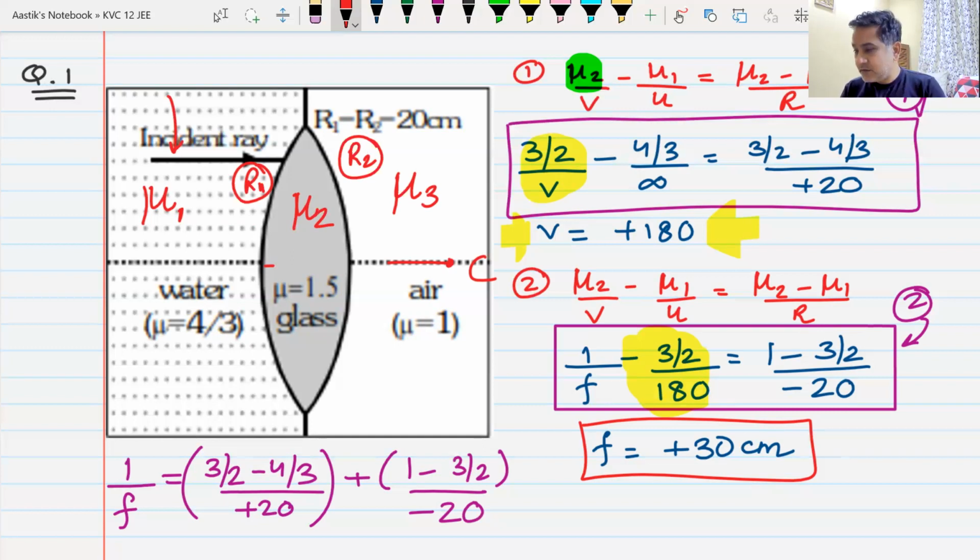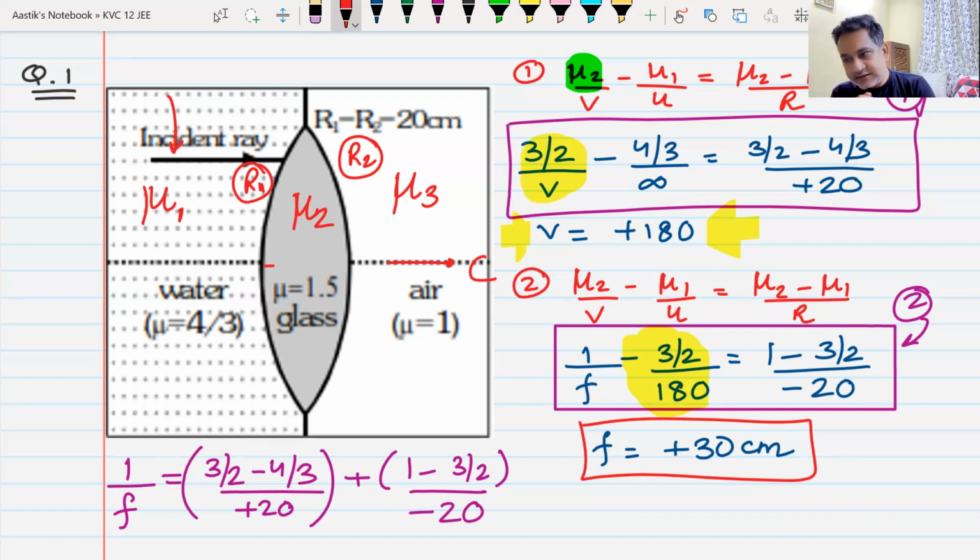Can you now tell me the formula that you can create? With mu1, mu2, mu3, r1, r2: (mu2 minus mu1) by r1 plus (mu3 minus mu2) by r2.